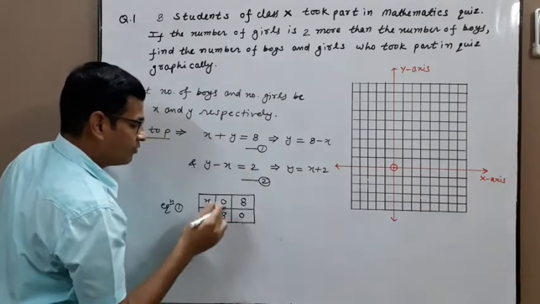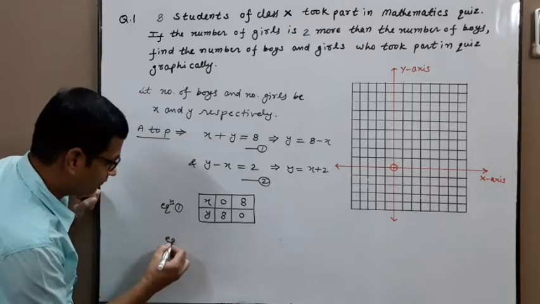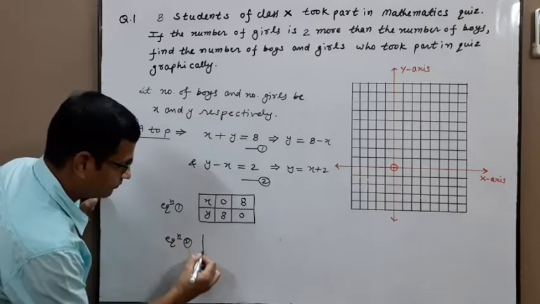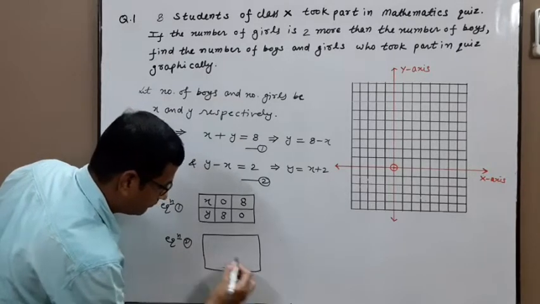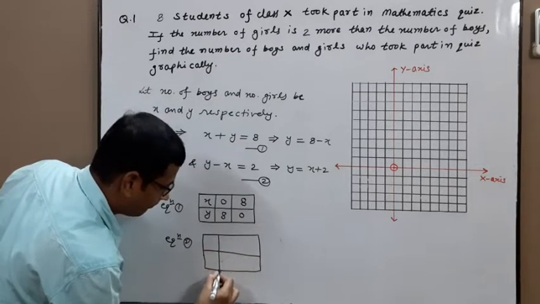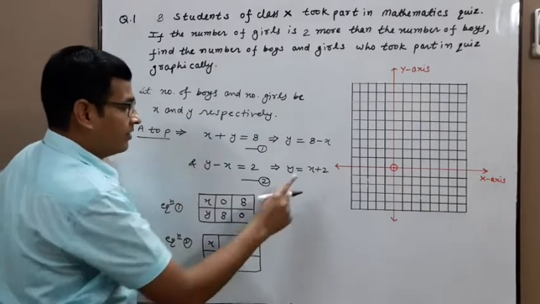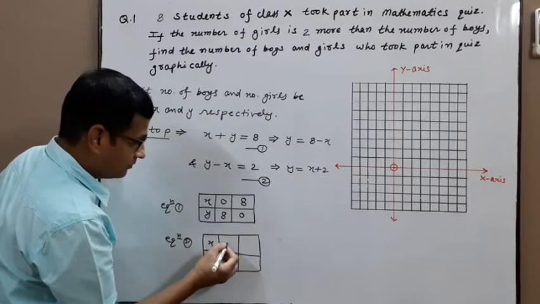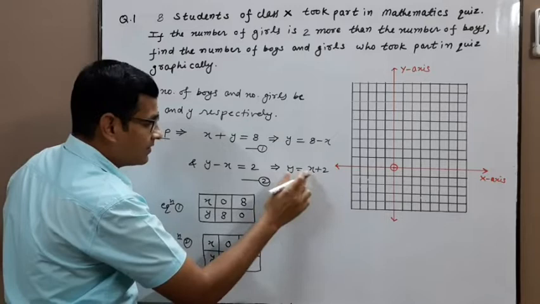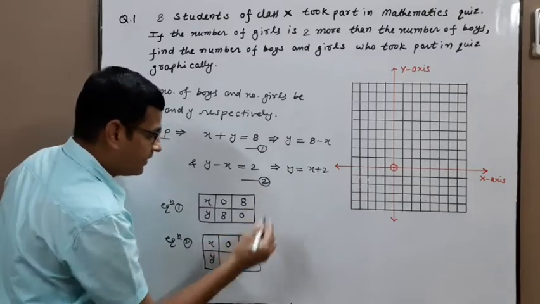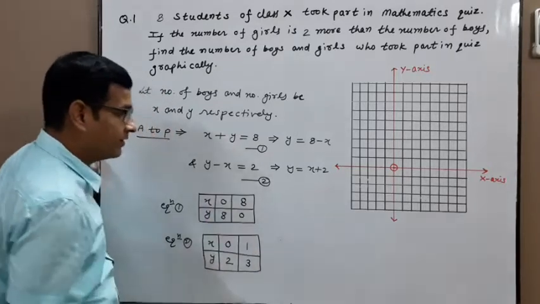So we get 2 points, (0, 8) and (8, 0). For equation 2, x equal to 0, then the corresponding value of y is 2, and when x equal to 1, the corresponding value of y is 3. So we get 2 points, (0, 2) and (1, 3).